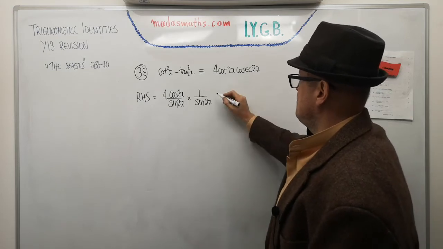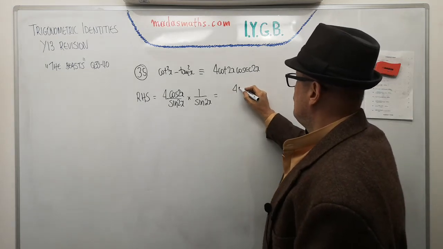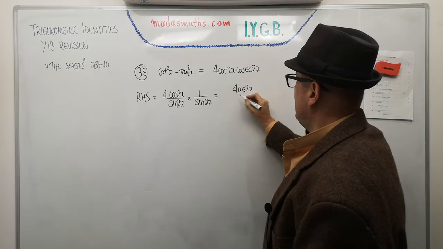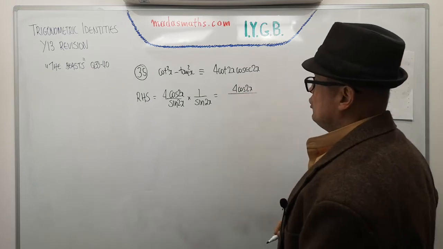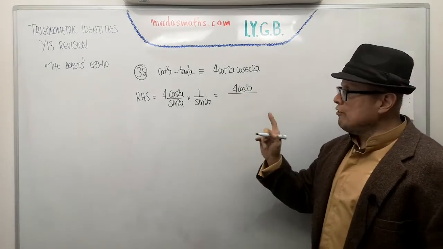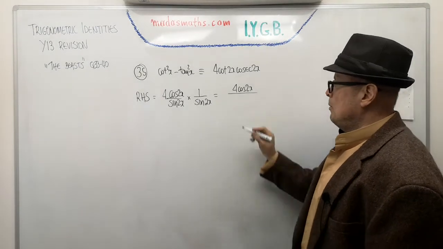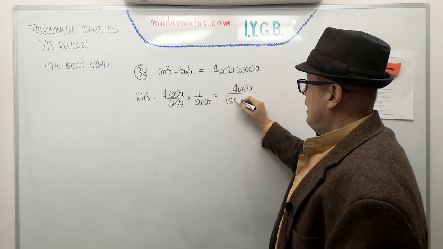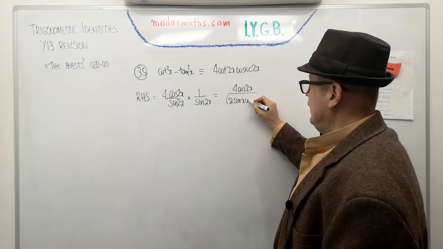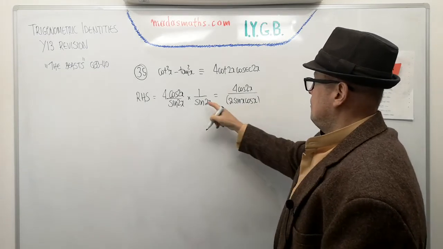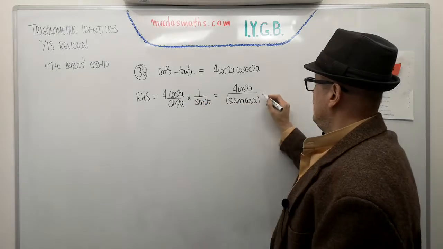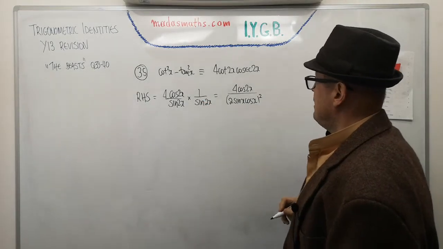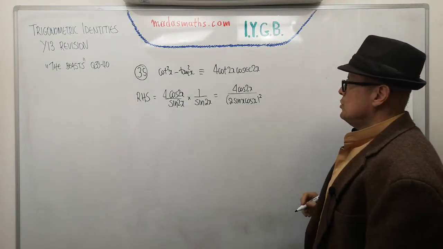Okay, simplified. 4 cos of 2x, and at the bottom I've got the sine of 2x all squared. It's probably better if we expand this and write it as 2 sine x cos x. That's just this bit here, but of course it's 2 of them multiplied together squared, so I have something which looks like that.